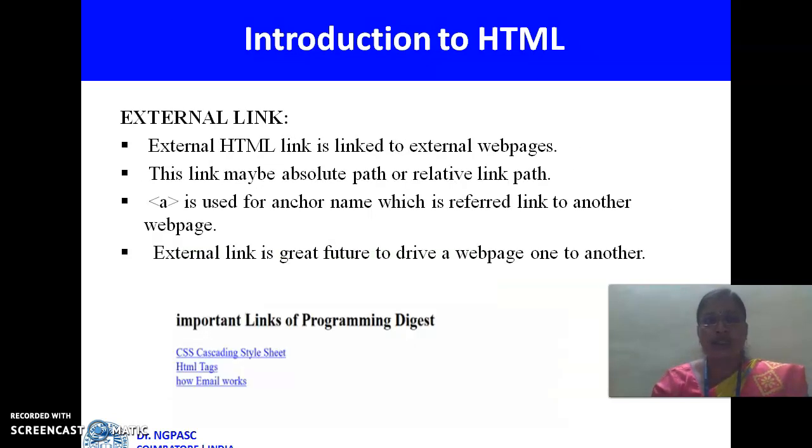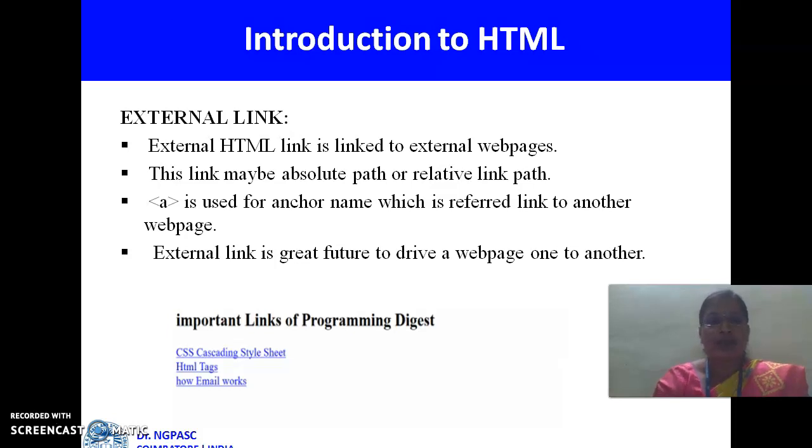The other one is the external link. An external HTML link is linked to external web pages. It differs from the internal link. This link may be an absolute path or a relative path. The anchor tag is used, and the anchor name refers to another web page. An external link is a great feature to drive from one web page to another.